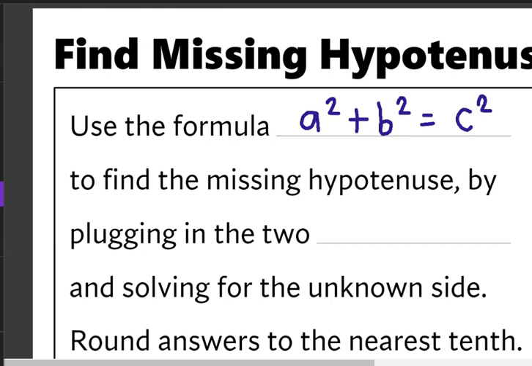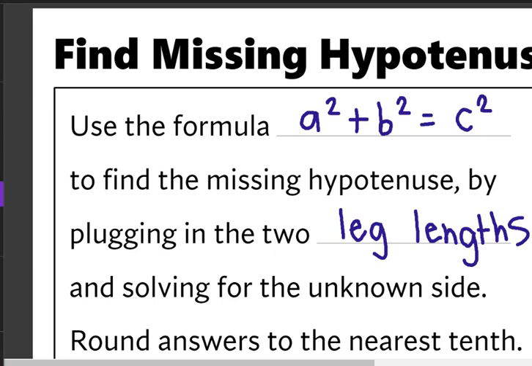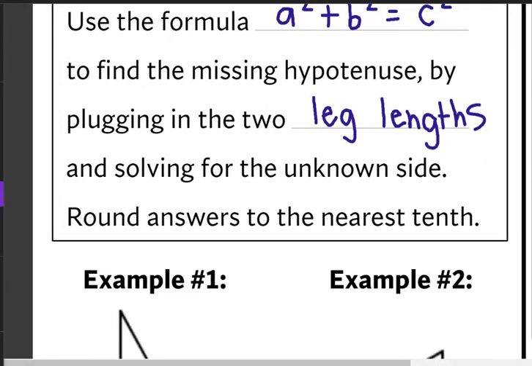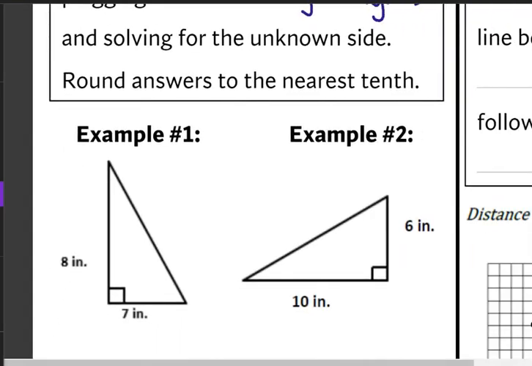And we're going to use that formula knowing that a and b represent our legs and c represents our hypotenuse to set up this equation where we plug in the two leg lengths, and we are solving for that unknown side. So we'll set up an equation, we'll use our calculator to do that. And then we'll round our answers to the nearest tenth. That's 1 decimal place.